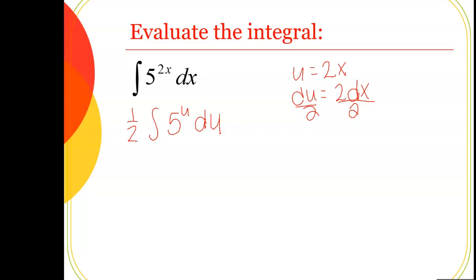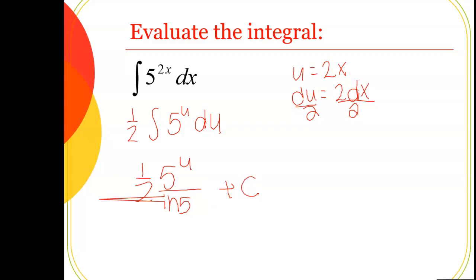So like e to the u, it stays a to the u. However, we have to also then divide by ln a. So in this case, we're also going to divide by ln 5, plus c.